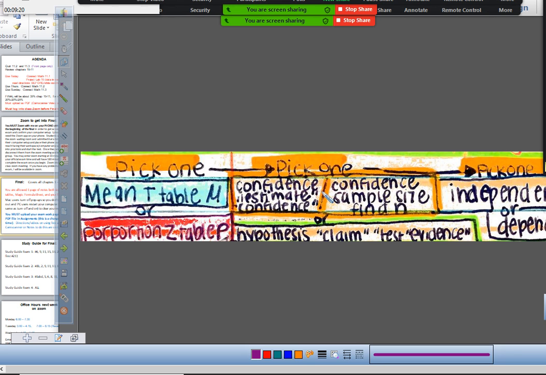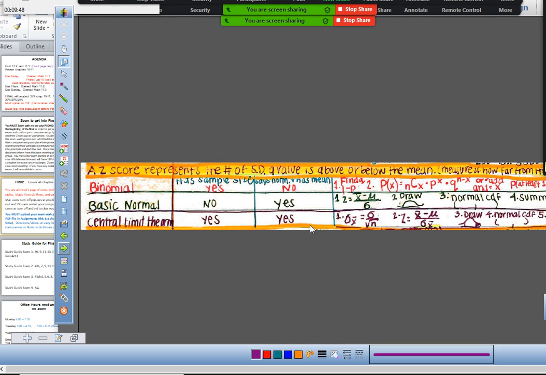And then within the confidence level there might be something where you have a sample size, where you find n. And then it'll be either independent or dependent. Those are the things she set up to help her think about it. And then this is the one that she did for chapter exam 2.